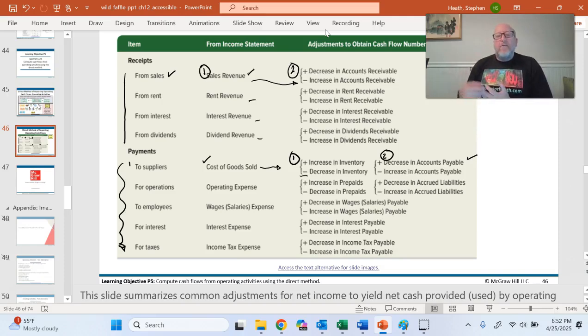Very hard to articulate. But we're saying if my accounts payable goes up, that is like a source of cash. And since it's a source of cash and cost of goods sold is a use of cash, then we would subtract an increase in accounts payable from cost of goods sold.